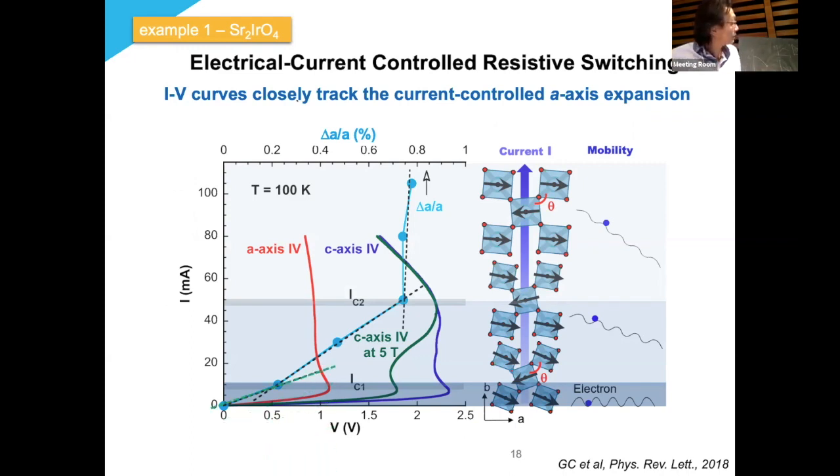Let me highlight this here. We argue this might be one of the main reasons for this type of behavior. More generally, when the structure gets more relaxed, the electrons get more mobile, so resistivity drops, and so on and so forth.